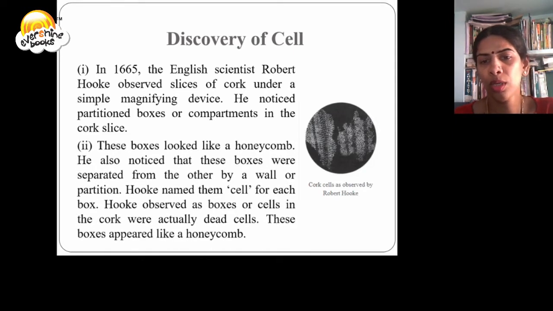These boxes look like a honeycomb. He noticed that these boxes were separated from each other by a wall. He named these boxes as cell. He also observed that cells in the cork were actually dead cells, which appeared as a honeycomb.